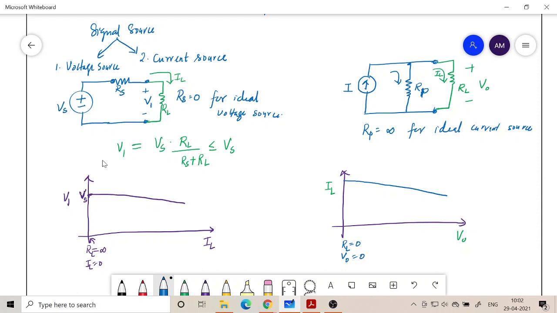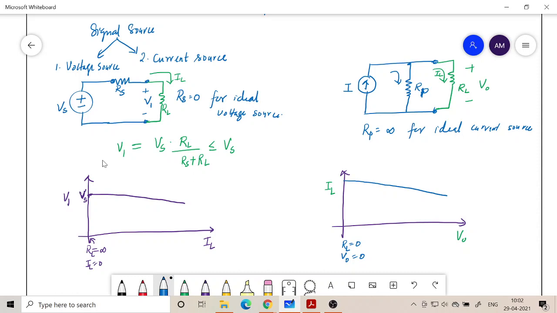But as you increase RL, V0 will also increase, but then the current that you will effectively get flowing through the RL will reduce.